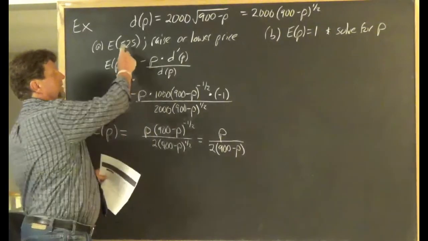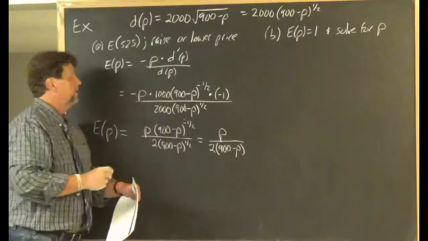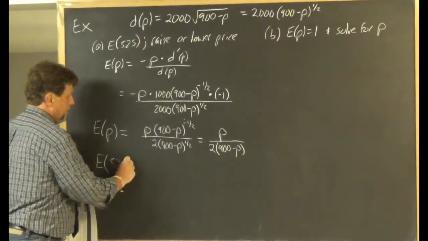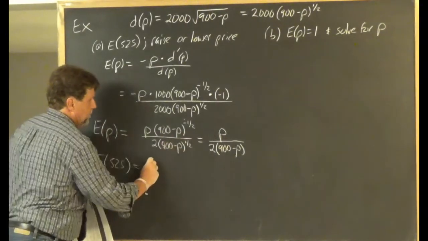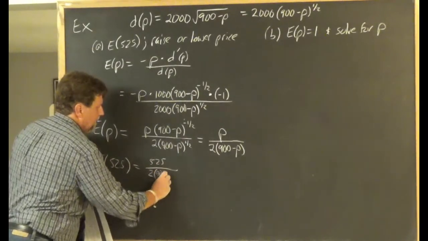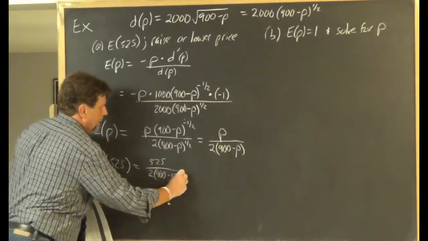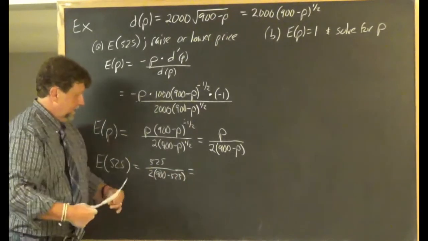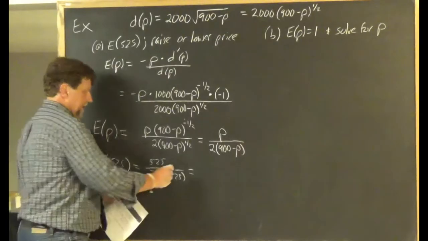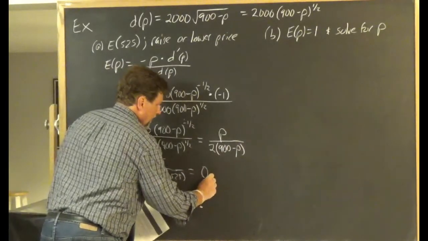So next, we can evaluate at 525. So I get 525 over 2 times 900 minus 525. And if I use my calculator here, I end up getting 0.7.